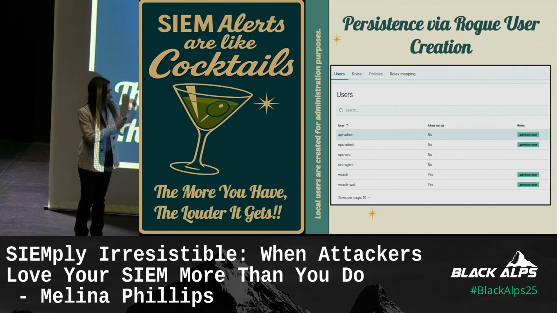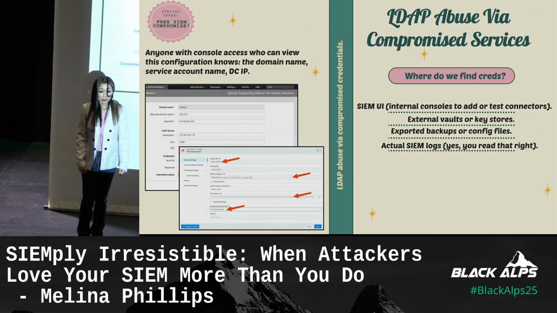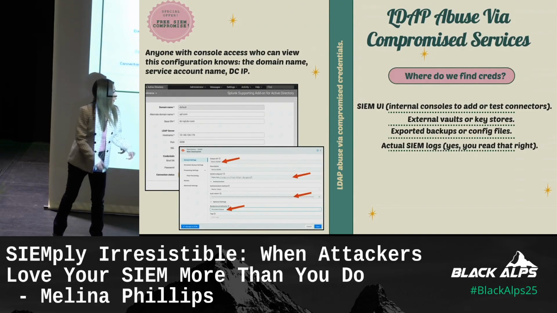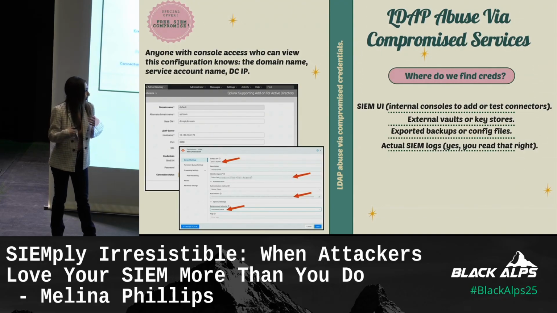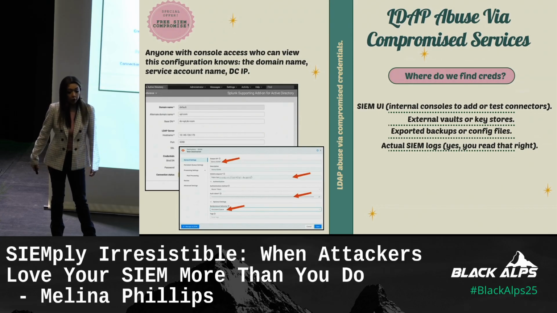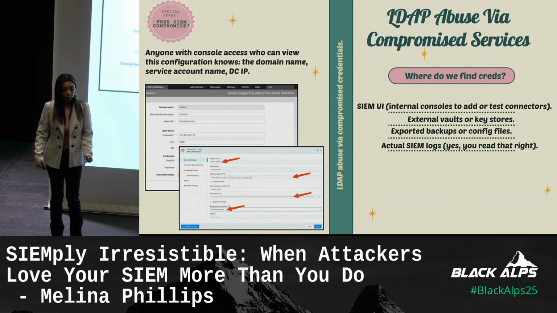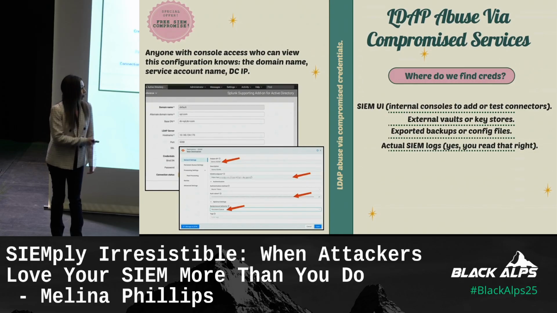What other fun stuff can we do if we break into a SIEM? Well, we can start creating rogue users just so we can keep coming back in. These are local users for a SIEM. But the beauty of it is that a lot of SIEM instances actually have internal authentication panels for bind accounts. So nothing tells me that an attacker or any random person could not try to intercept these passwords, get a hash version of it, and then try to crack it, pass it, or just make use of what they have.